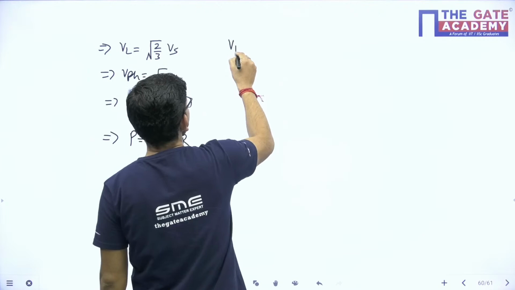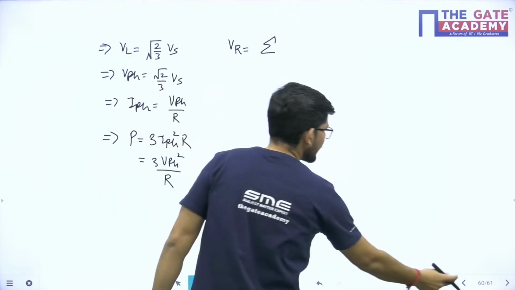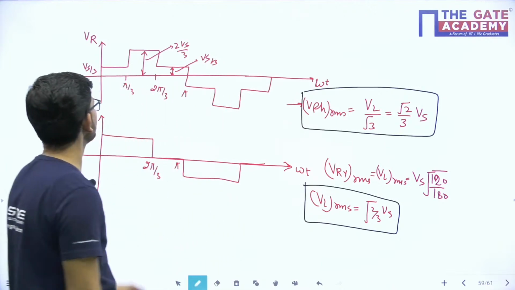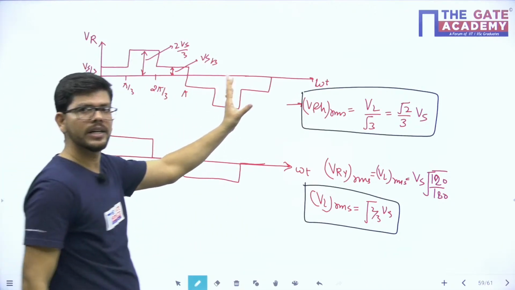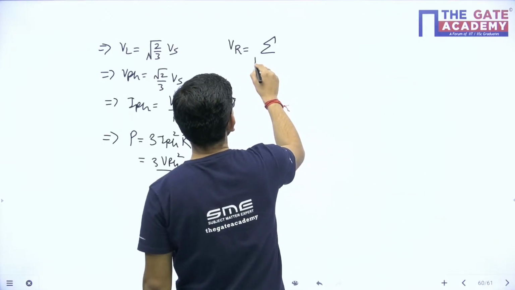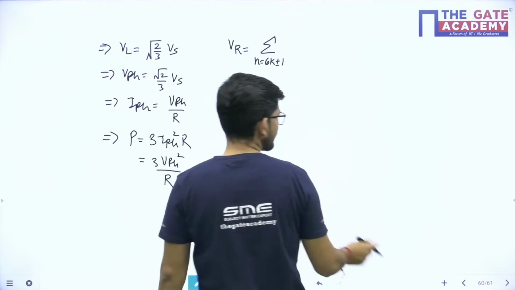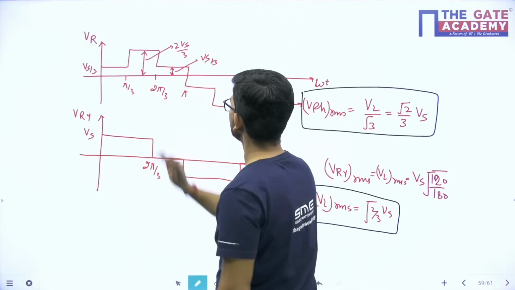Now what will be the Fourier series of phase voltage? Phase voltage is having a stepped waveform. What I have told you, in case of a stepped waveform, the magnitude here is Vs by 3.